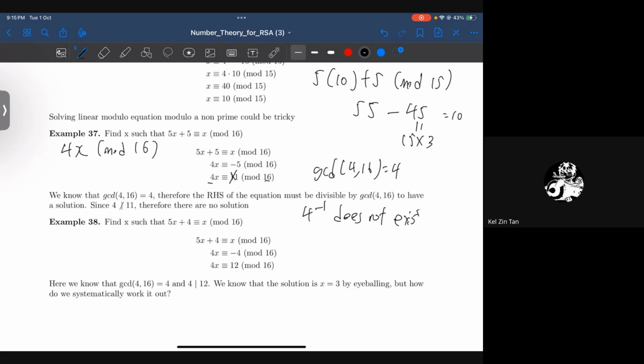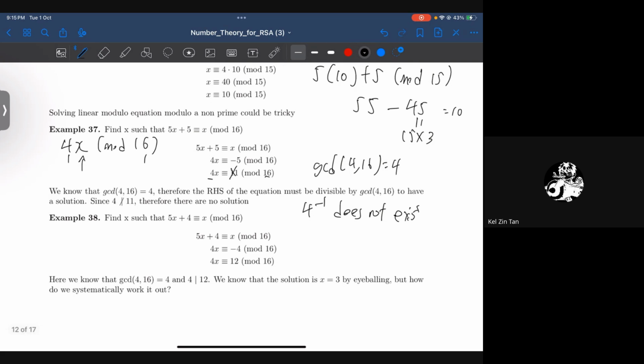So for 4x, if the GCD of 4 and 16 is not equal to 1, then no matter what x you put, the result will always have a factor of 4 inside. Let's say I put 3, this will become 4 times 3 modulo 16, and 4 times 3 is still divisible by 4.